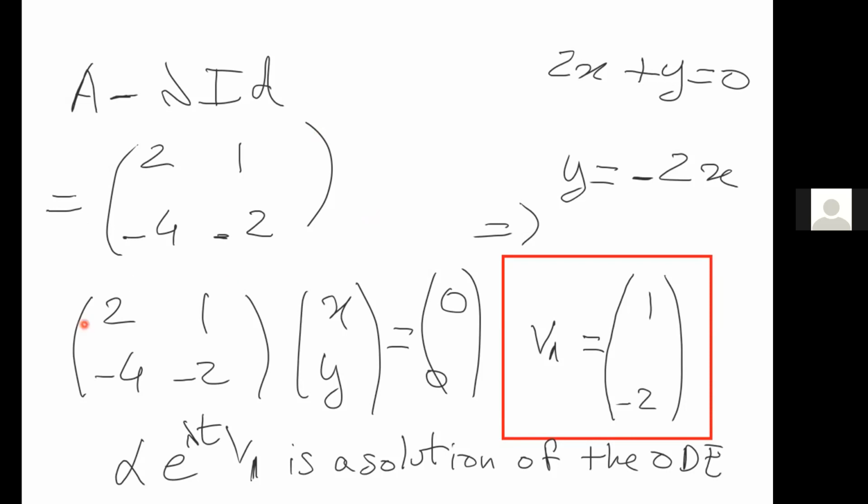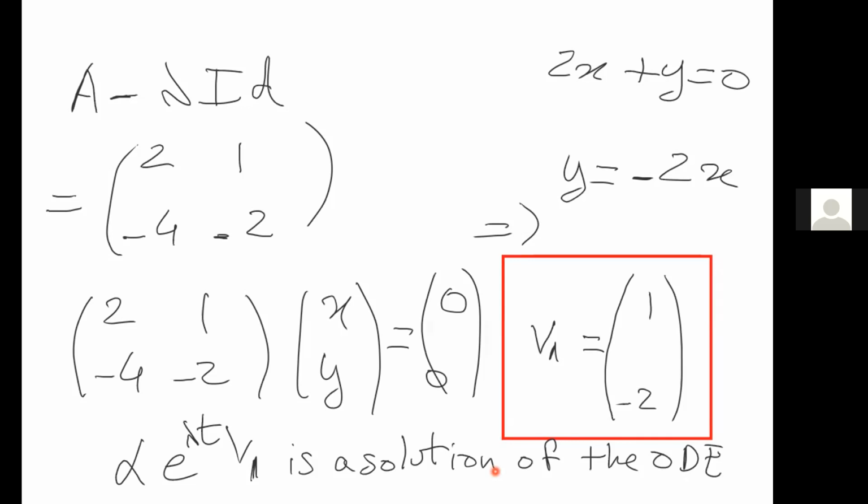If I solve this equation 2x plus y equals 0, I obtain y equals minus 2x. And if I choose x to be 1, I obtain y to be minus 2. And so as usual, alpha exponential lambda t v1 is a solution of the ODE, whatever alpha is.